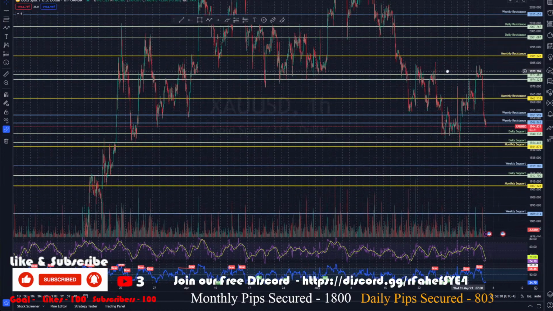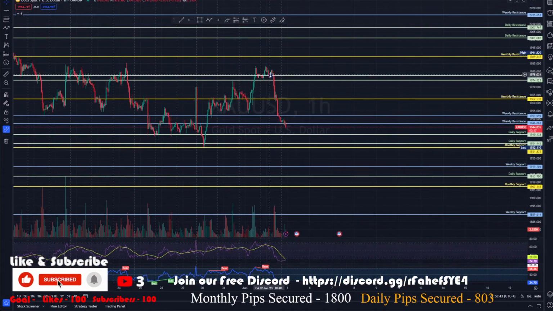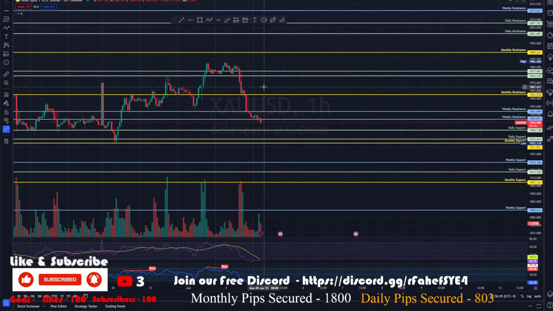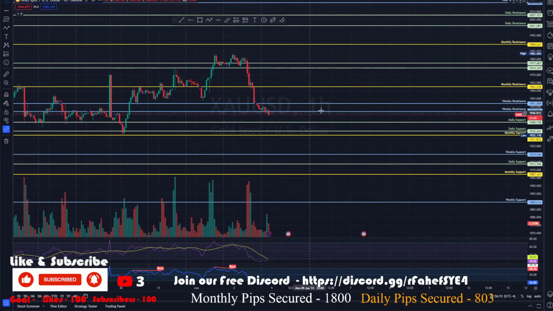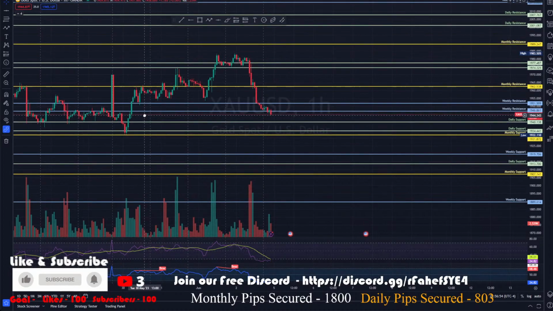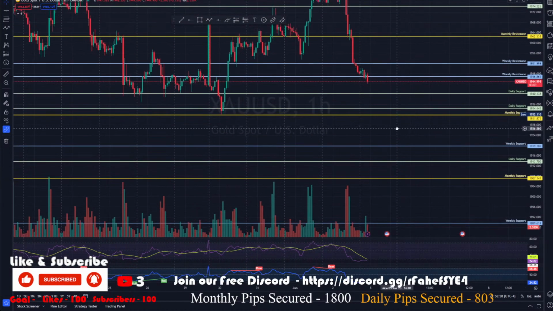So this area here has a lot of consolidation in the past, even recently. We've broken through the weekly resistance on the 1 hour. So now on the 1 hour, let us see if we can adjust any of this.